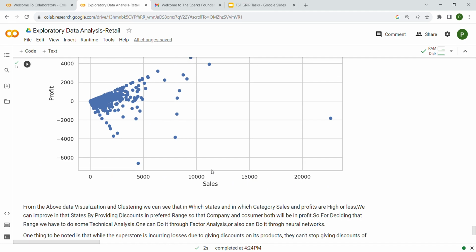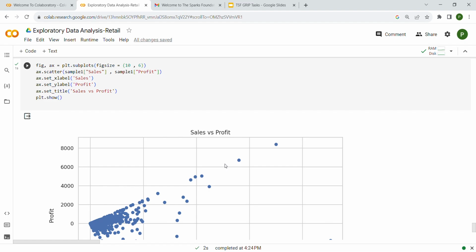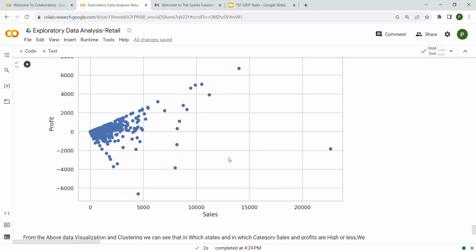So we have performed our visualization. So what did we get to know from this? Lastly, from the above data visualization and clustering, we see in which states and in which category sales and profits are higher or lower. So how to improve in those states? From the visualization, we got to know which category sales and profit are high or low.